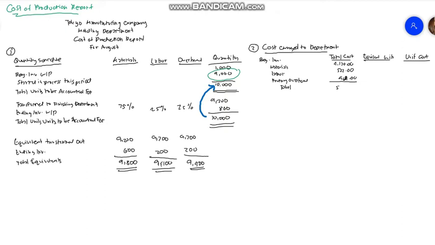So that's 5,603. Okay, no need to get the equivalent units and the unit cost. Okay. So what about the cost added during current period?